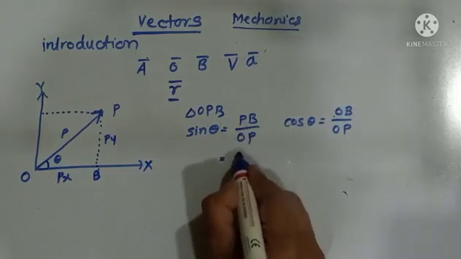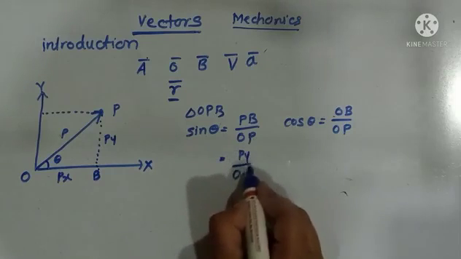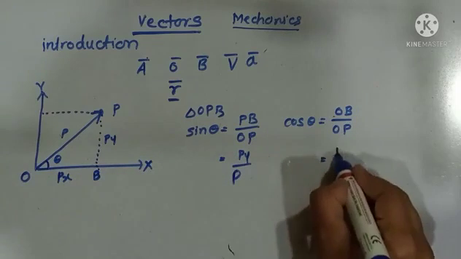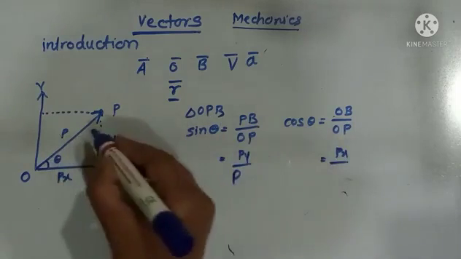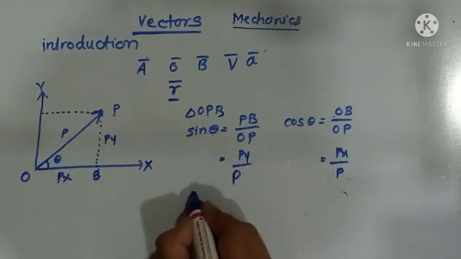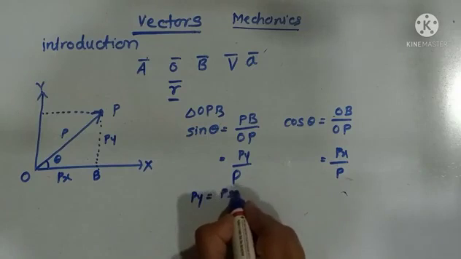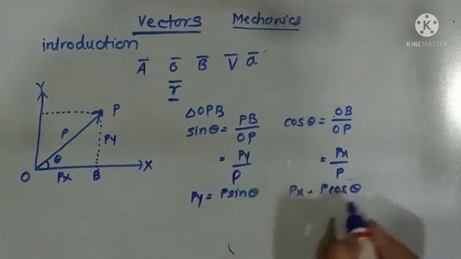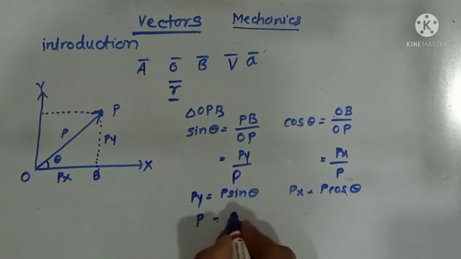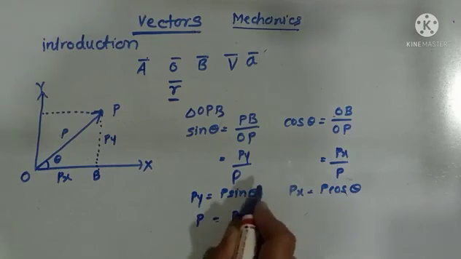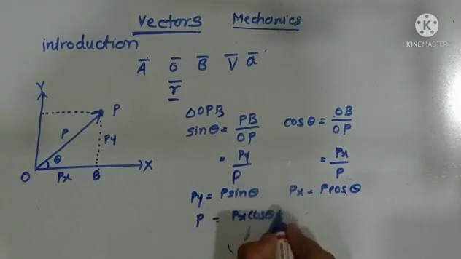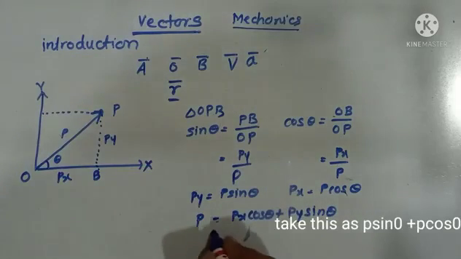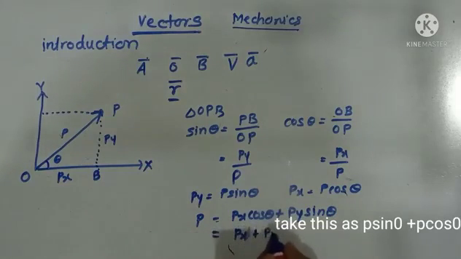We know that PB is nothing but Py and OP is nothing but P. OB is Px and OP is again P. So I can write that Py is equal to P sin theta and Px is equal to P cos theta. Together I can write vector P is equal to Px plus Py.